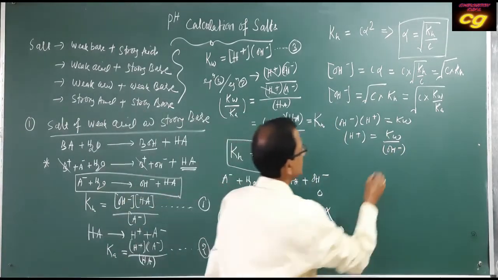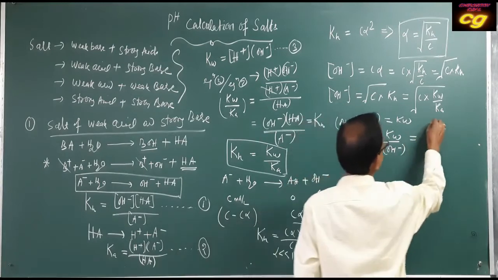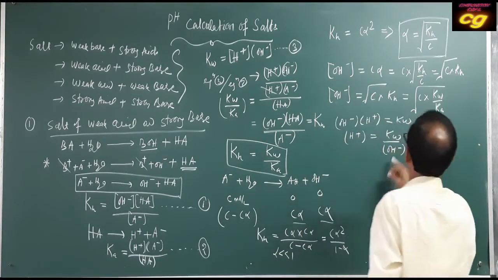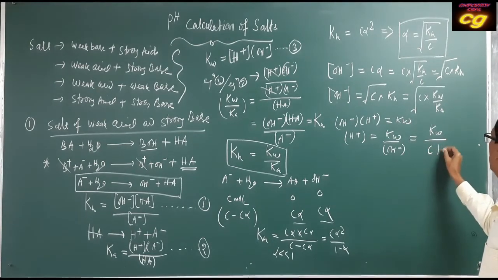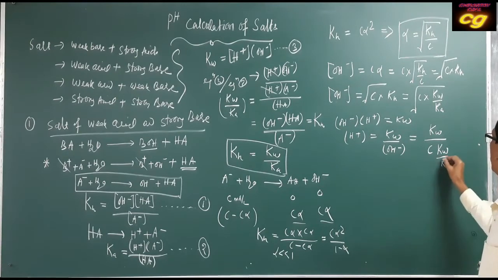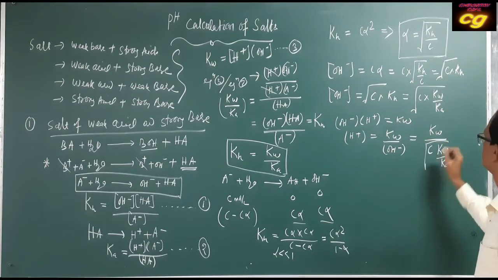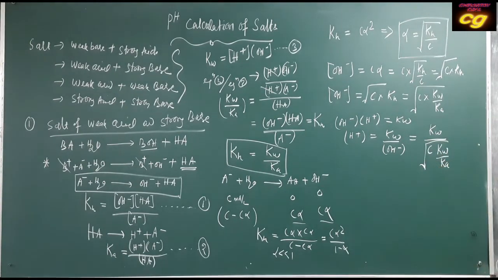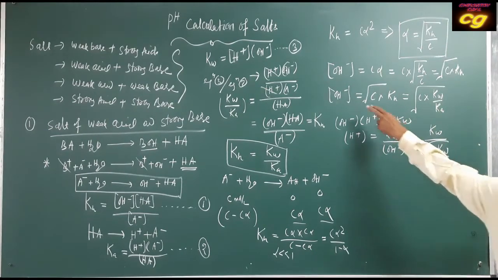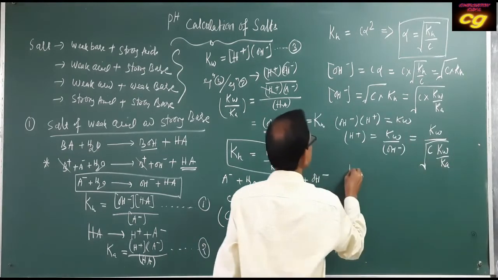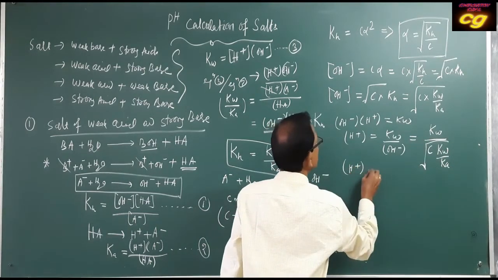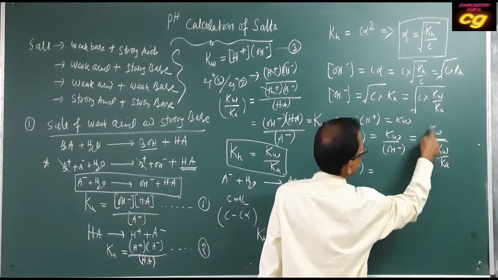So we can put this value here. Kw remains as such, and OH minus is square root of C into Kw upon Ka. We have put OH minus in the form of Kw. Then H plus concentration is equal to Kw upon this.